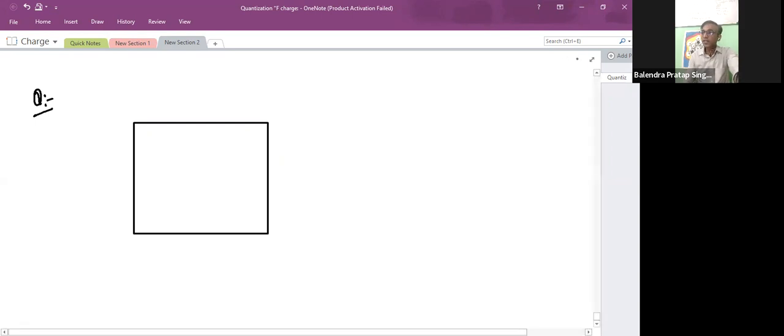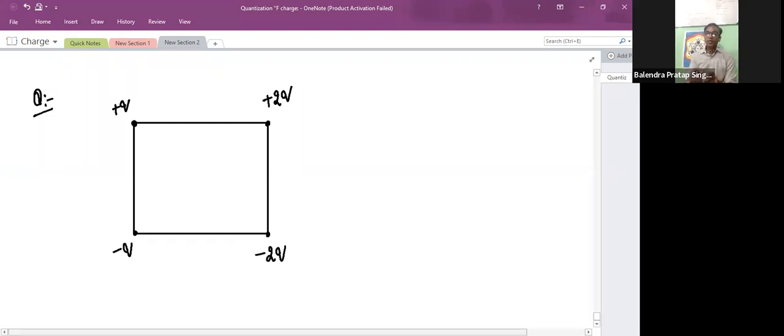One charge is here, it's plus q. Another charge is somewhere here, it has value plus 2q. Another charge is here that has value minus q, and another charge is somewhere here that has value minus 2q.